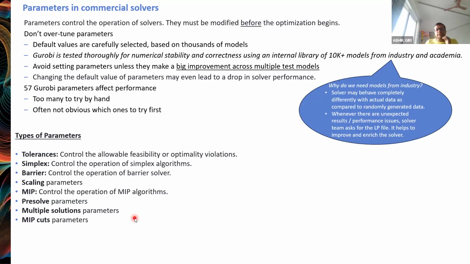The default parameter values used by the solver are decided after going through thousands of models from industry and academia, so they are very heavily tested. Only if you are completely sure that the parameter you want to change would work better, only then you should change it.